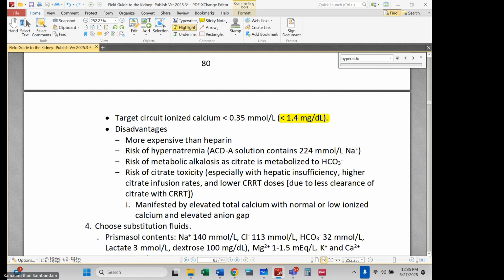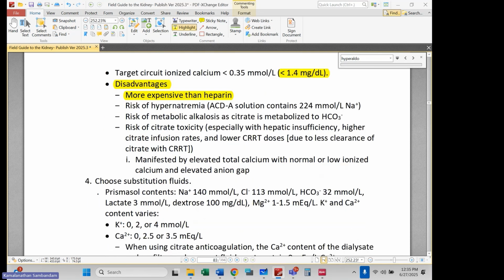Okay. The disadvantages of citrate is it's a bit more expensive when you factor in the ionized calcium checks as well as the actual citrate you're administering and the calcium drip. This is a trisodium citrate solution. So it is hypertonic. So theoretically, you can get hypernatremic.